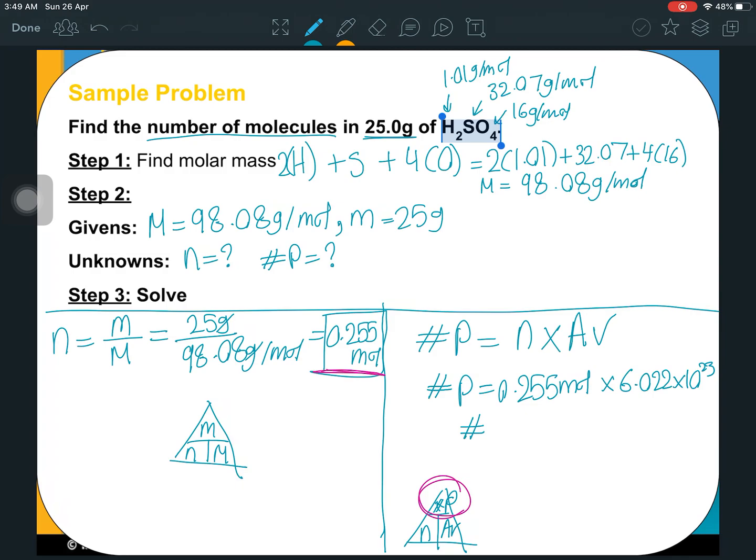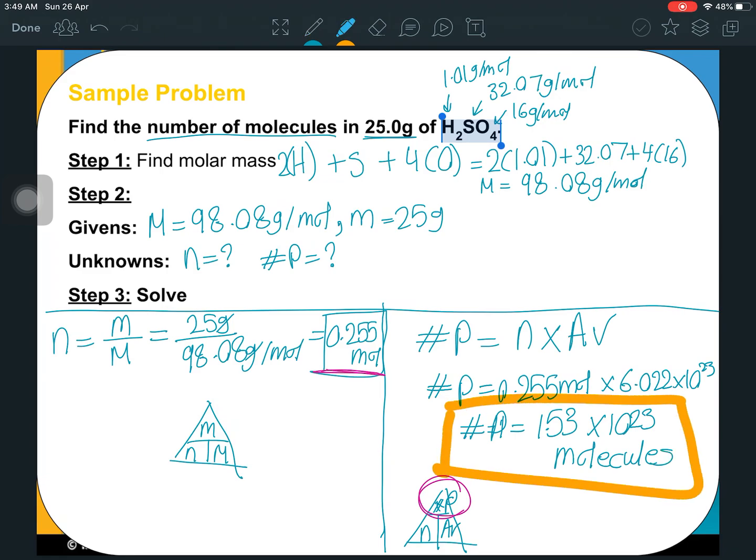So my number of particles, after putting it all into the calculator, is 1.53 times 10 to the power of 23 molecules. Okay? So that is my overall answer.